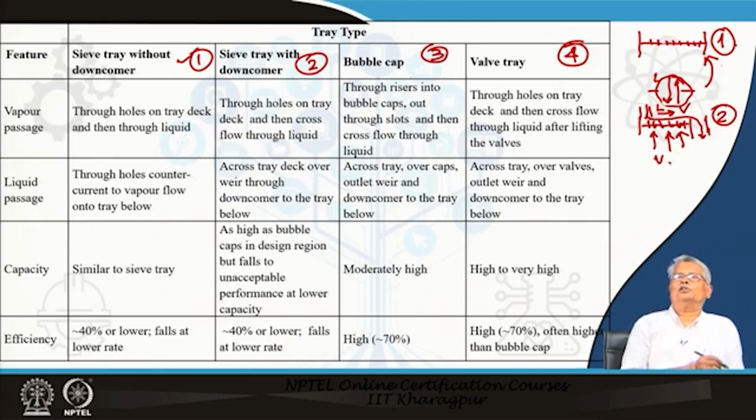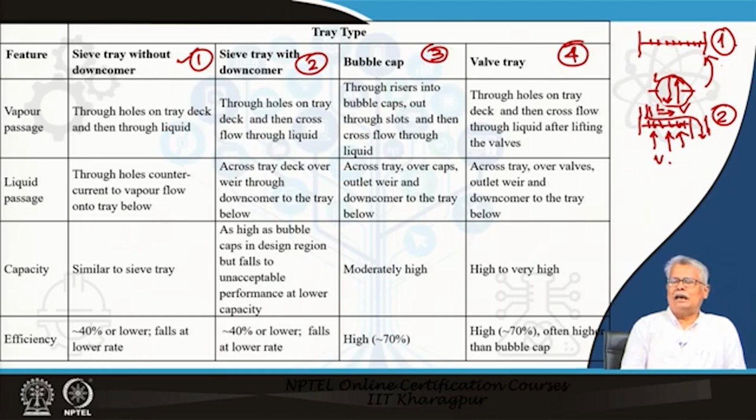On a cross flow tray you have a vapor disperser. In case of sieve tray with or without downcomer, the vapor disperser is not an external fitting. It is basically the hole that acts for dispersing the vapor into the liquid.